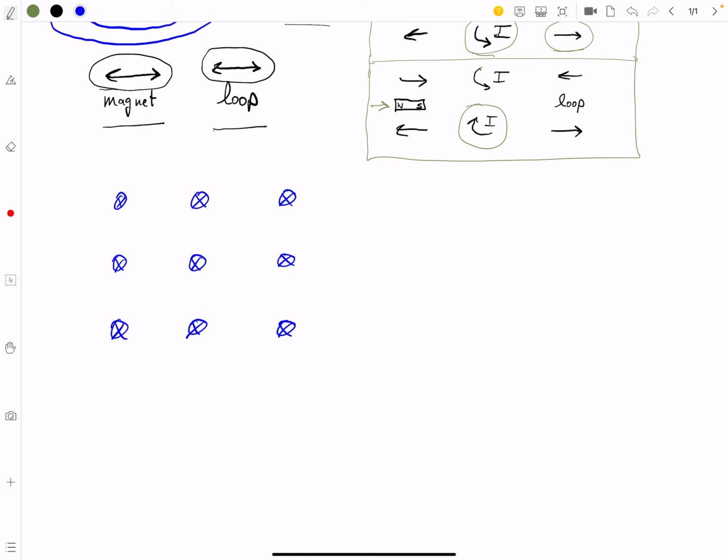And of course, we're going to put a loop of some kind in there, a nice loop. And then we're going to do the thing with the brushes at the bottom, so that our current only comes from one side.